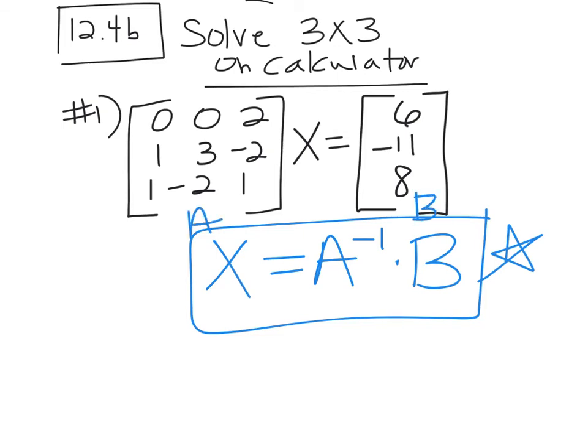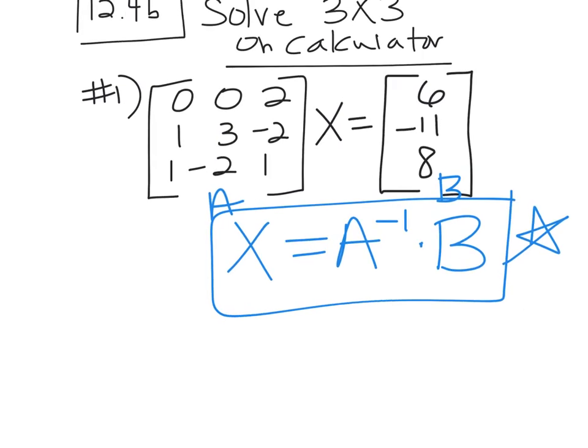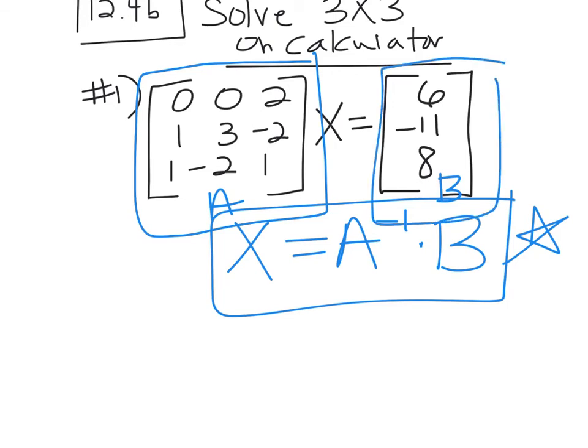So this is matrix A and this is matrix B, but we're going to do it all in our calculator. So this is what you want to do. You want to go to your calculator and you want to store this as matrix A. I'm going to do it the old way first, okay? So you're going to store that as matrix A and you're going to store this one as matrix B. We're going to have 2 matrices now. Yeah, you can still do it the other way. I'll show you that in just a minute.